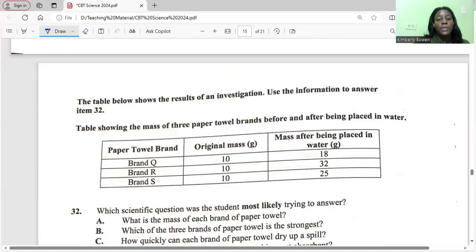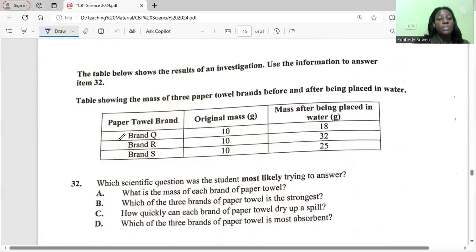This is a repeated question. I can literally just go to the answer. The table shows the results of an investigation. Use the information to answer item 32. Table showing the mass of 3 paper towel brands before and after being placed in water.